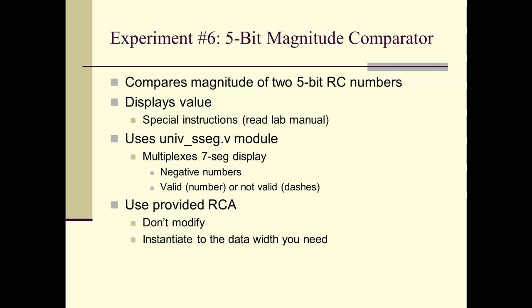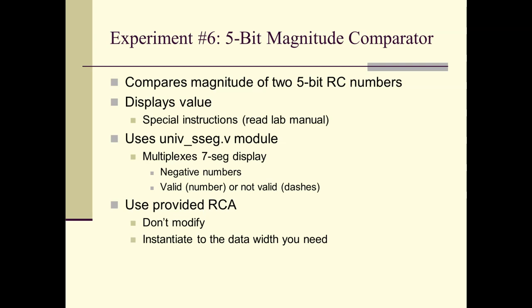It'd be beyond you, but you can go look at the code. The header of this module is going to tell you how to work the module. We'll come back to that later. Essentially, it is going to allow you to display negative numbers, and it's also going to allow you to determine whether numbers are valid or not.